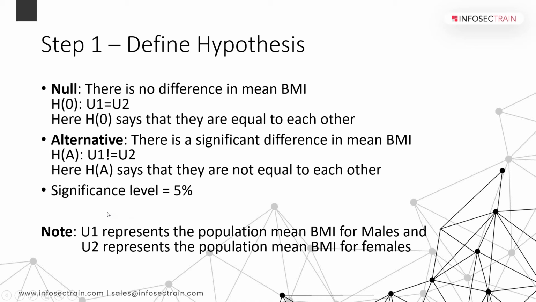Here we take a significance level of 5%, because we can tolerate only 5% of error, not more than that. Here μ1 is the population mean BMI for males, and μ2 is the population mean BMI for females.